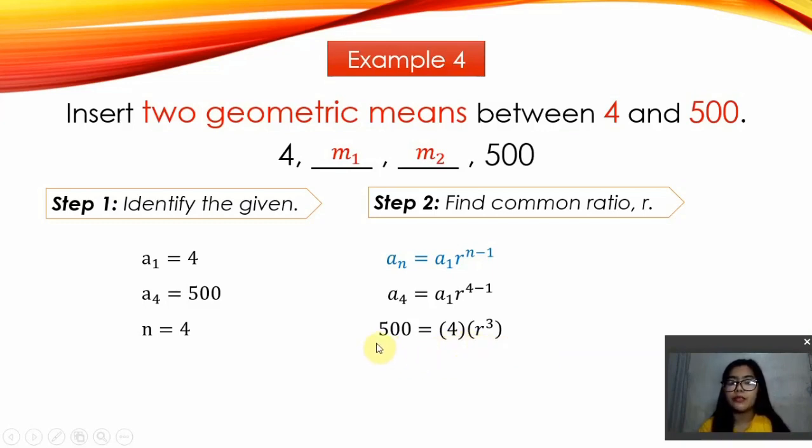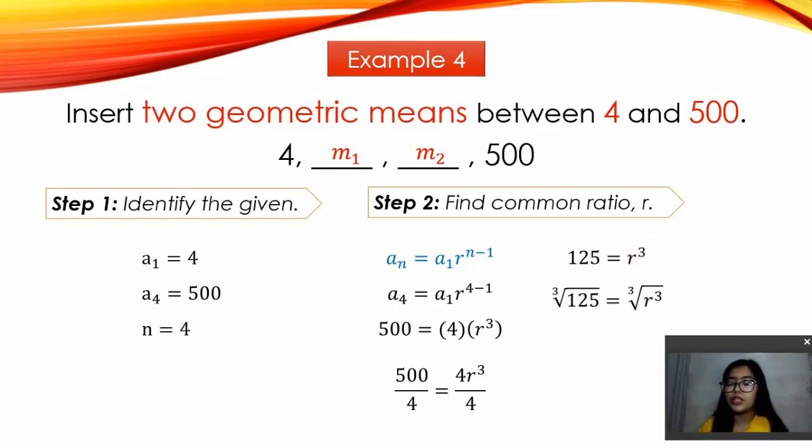Then, we will divide both sides by 4. So, that will become 500 divided by 4 is equal to 4r cubed over 4. So, 500 divided by 4 is 125. Now, the exponent of r is 3. So, we will get the cube root of both sides. So, that is the cube root of 125 is equal to the cube root of r cubed.